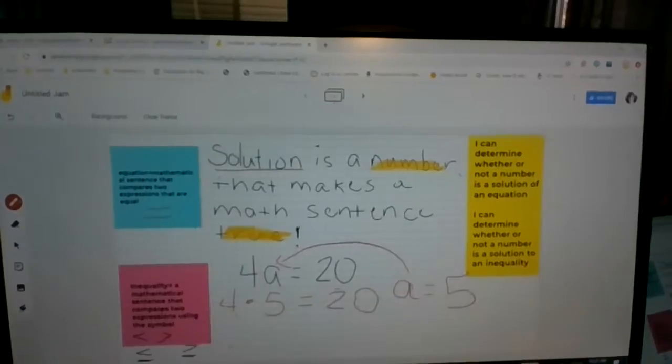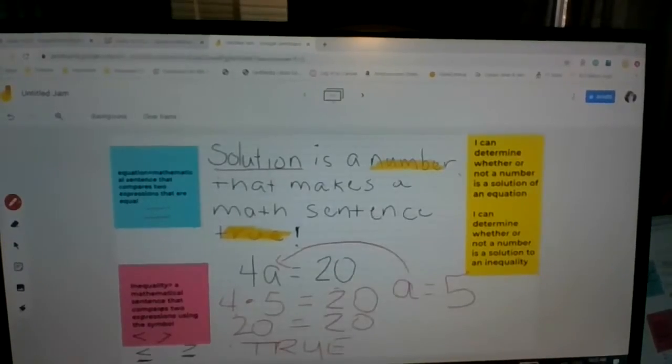Let's check the two expressions on the sides of our equation. 20 is equal to 20. Is that true? Yes, it is true. It is a solution. It is the number that makes this equation true. Everybody following me so far?